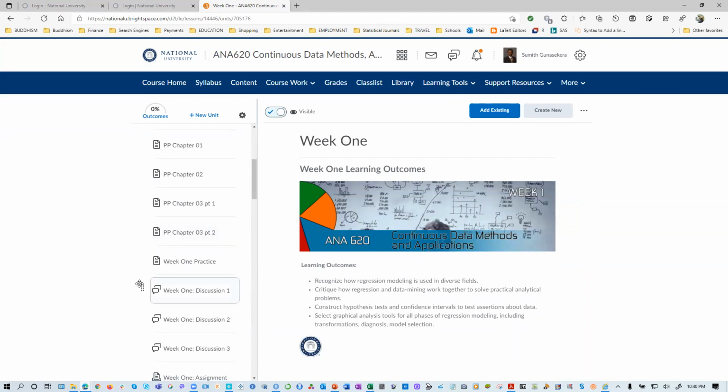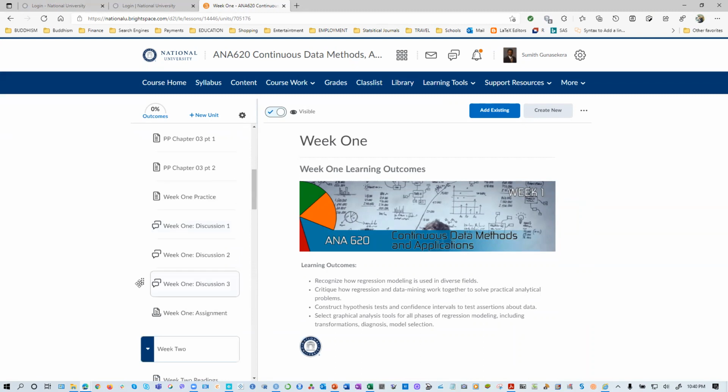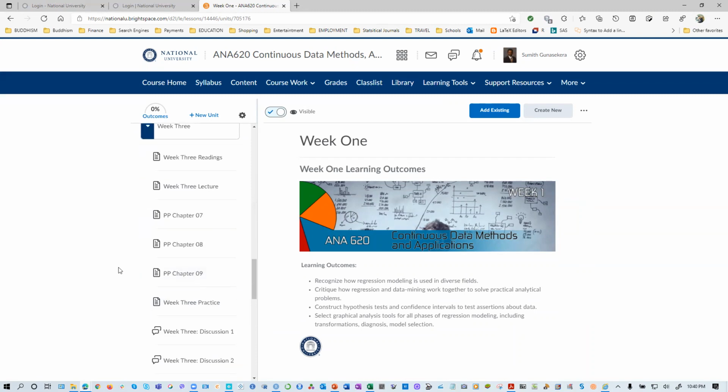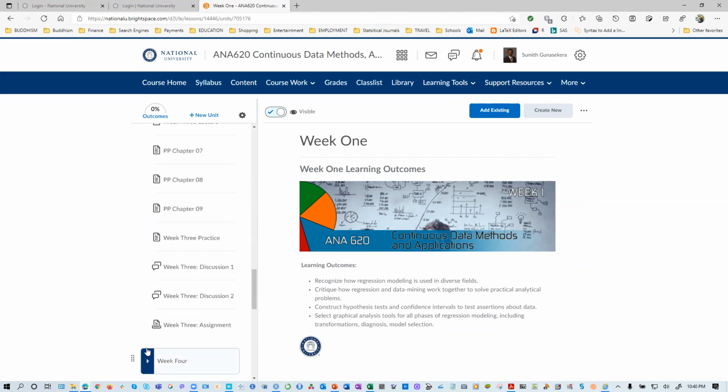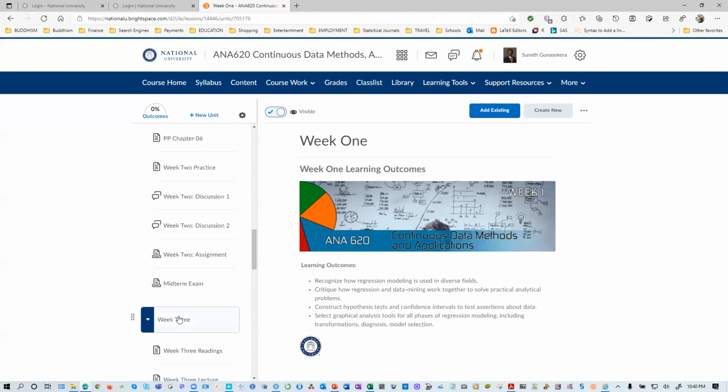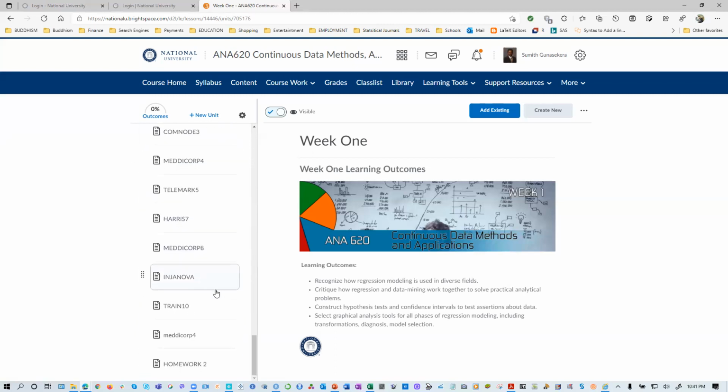Chapter 1, 3. Practice, discussion, assignment. Okay. Week 2. Did he go to week 3? No, I don't see. Where did this go? You put it in the data section at the very bottom. Very bottom. Oh, okay. Oh, yeah.